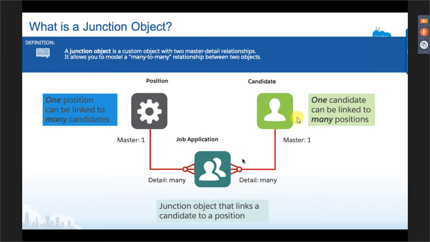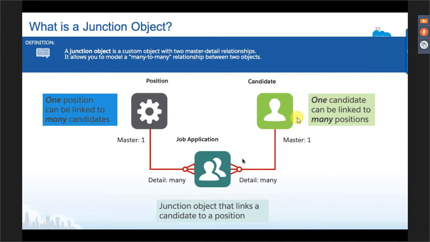Junctions are the bridge between 2 masters. You can never have more than 2 masters connected to one object. So if you have 2 masters connected to one, the question often becomes, which of these 2 is going to control the middle one. Is it position or is it candidate in our example?